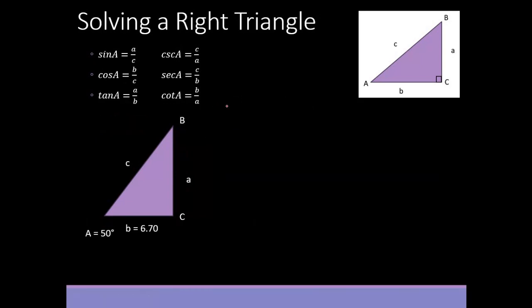All right. So if we do cosine A, that means cosine of 50.0 degrees equals 6.70 over C, because C is our unknown.